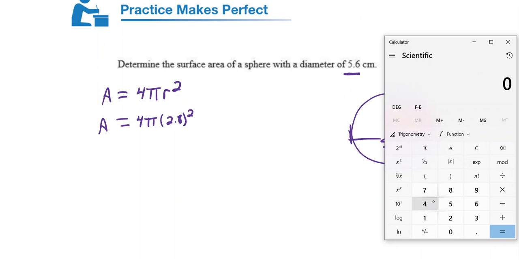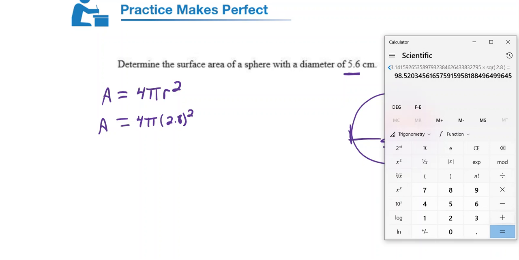We write 4 times pi. I have a pi button, but you could use 3.14. Then times 2.8, and don't forget to square it. That's the square button on mine, like x to the power of 2. Yours might look a little different. Then push equals.